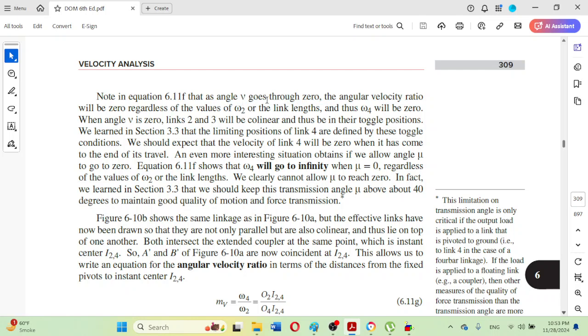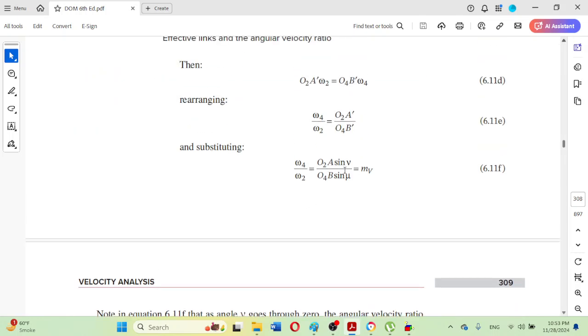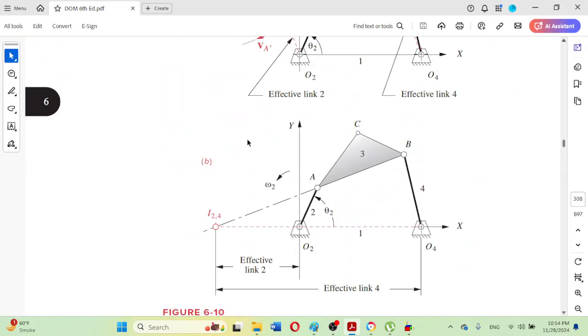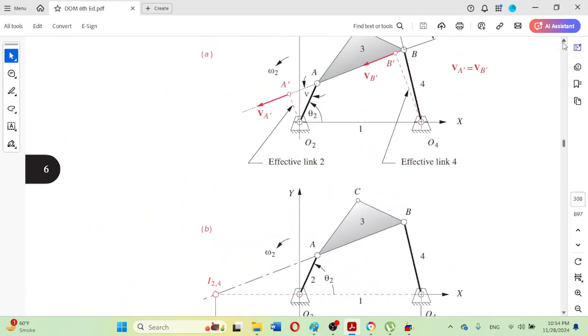If sine V is 0, then, as we can observe here, when this crank is rotating, there will be a time when this physical crank will be collinear along this coupler link.